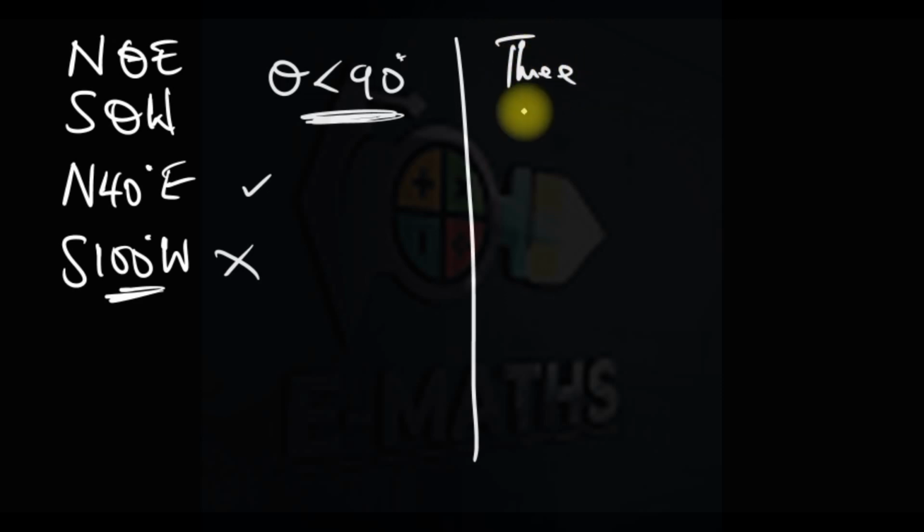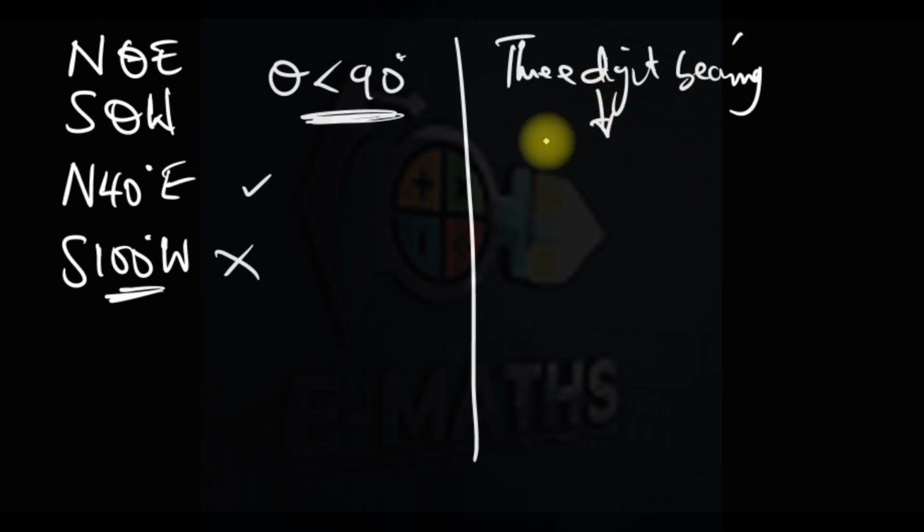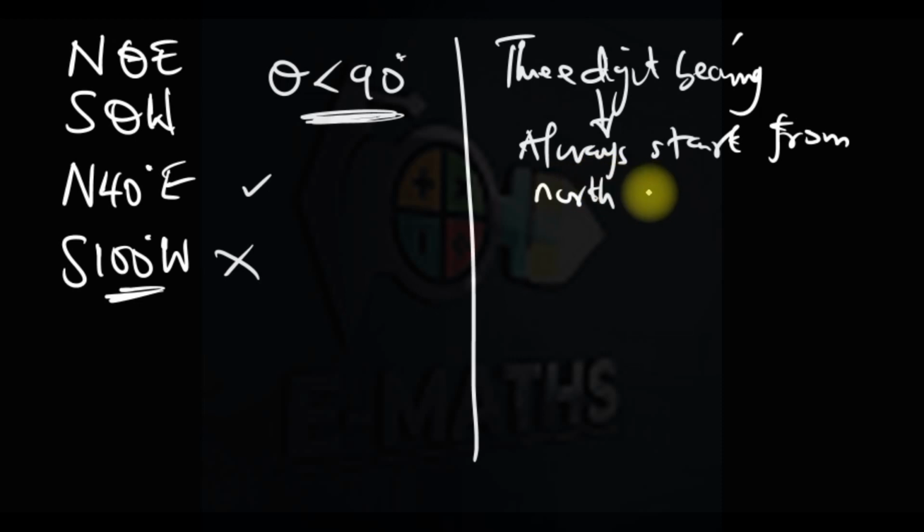Three digits always start from north and move clockwise. So based on the definition I gave, that one is for 3 digits.